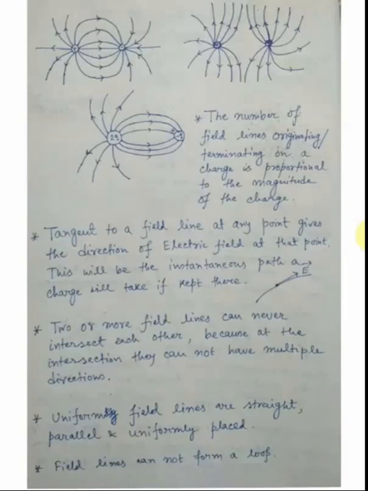Now from this figure we can understand how the number of field lines depends on the value of the charge. In this figure, this charge is positive and this charge is negative, and the magnitude is the same. So we can see whatever field lines come out from this positive charge end at the negative charge. So the density of field lines at the positive charge is the same as the density of field lines at the negative charge.